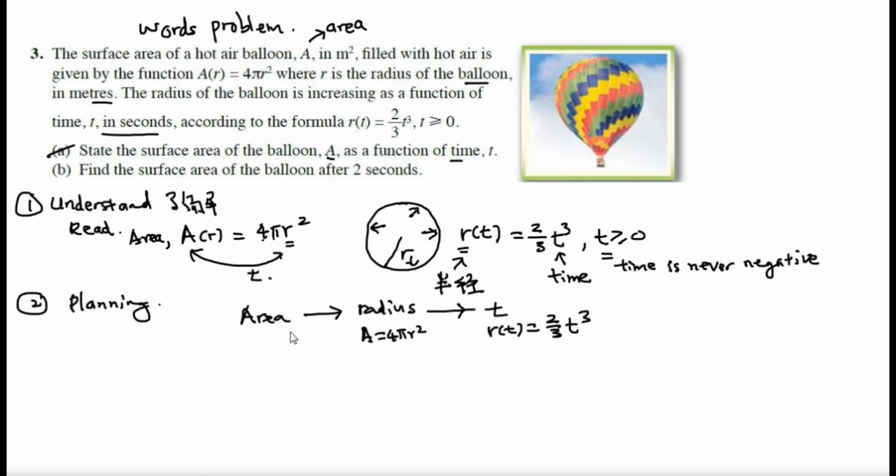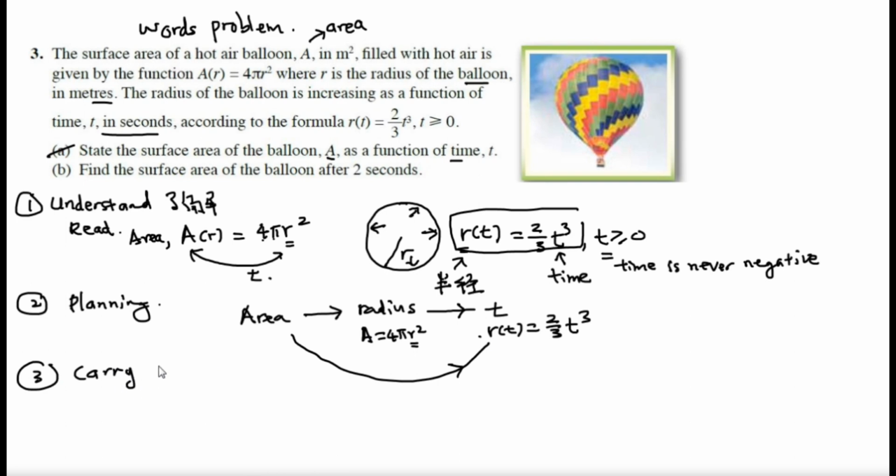So now we want to relate area and time. How? It's not difficult. What we do is just substitute the radius into this r. So next, we carry out our planning.